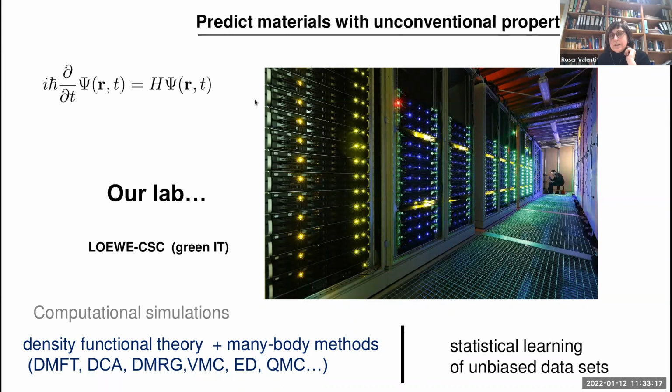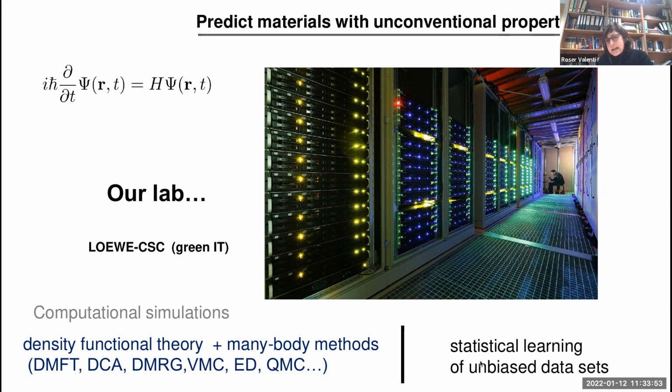So one is to solve the Schrödinger or the Dirac equation computationally, by making use of a combination of density functional theory and various many-body methods, so that we can take care of correlations. And in fact, it was now discussed that as soon as we are computing with many-body methods, the calculations become rather complex. And that's why we need big computer power in order to proceed with these type of calculations.